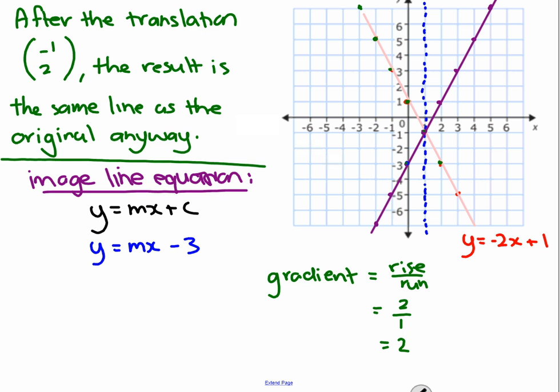Remember, m equals y2 minus y1 over x2 minus x1. That's if the gradient wasn't as obvious as this one. This one is obviously a gradient of 2, going up by 2, across by 1. So the image equation is y equals 2x minus 3.